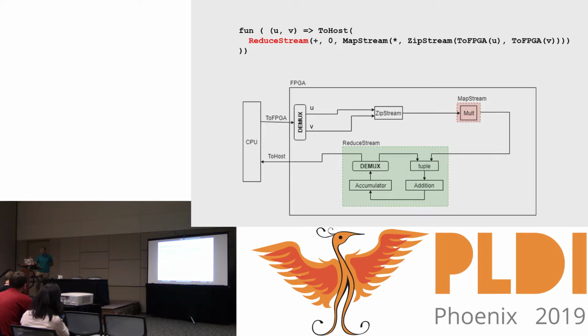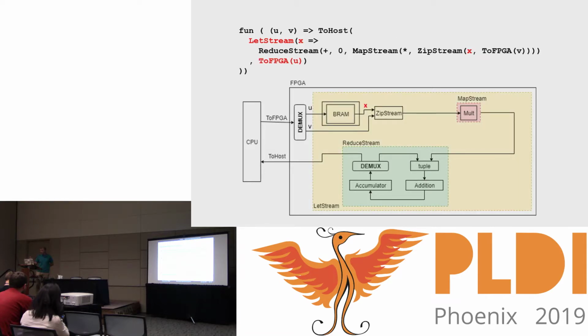So instead, what we introduce to wrap it around is a let pattern, where all it means is that we would store one of the vectors, the U in this example, on the FPGA fabric, so that we can stream the U vector first, store it on the FPGA, and then we stream the whole of B vector to the FPGA.